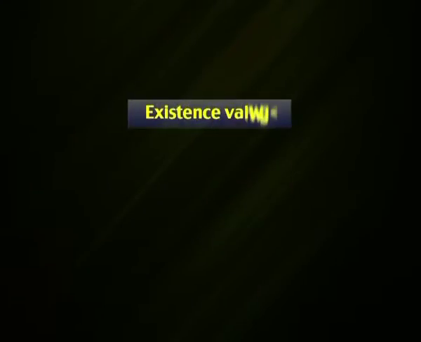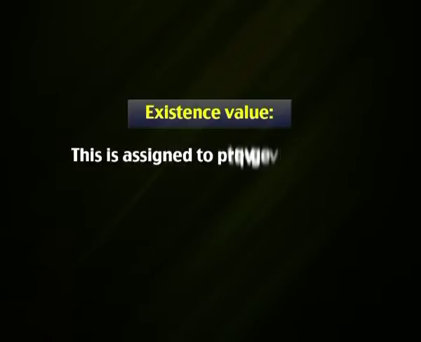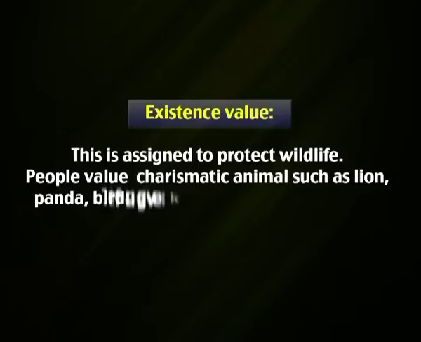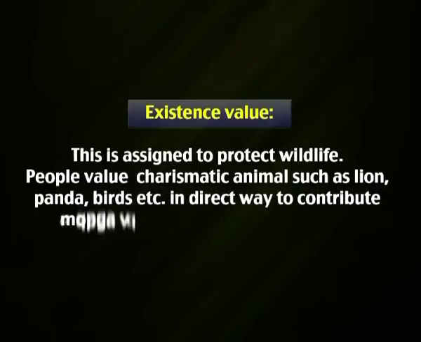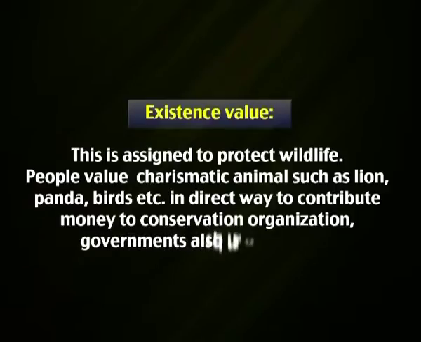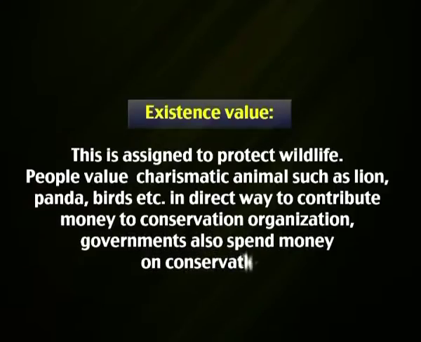Existence value. This is assigned to protect wildlife. People value charismatic animals such as lion, panda, birds, etc. in a direct way, contributing money to conservation organizations. Governments also spend money on conservation.